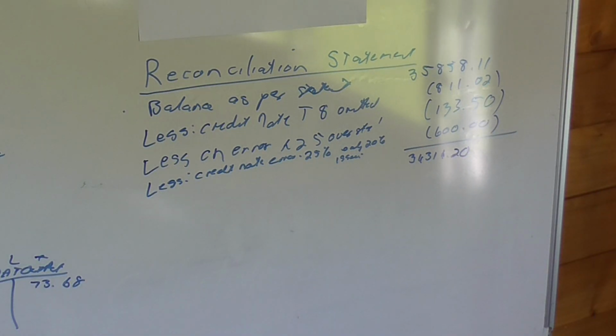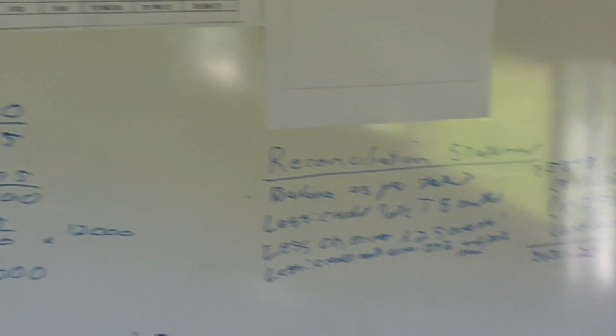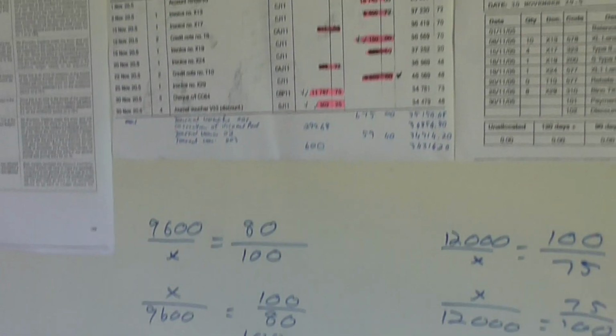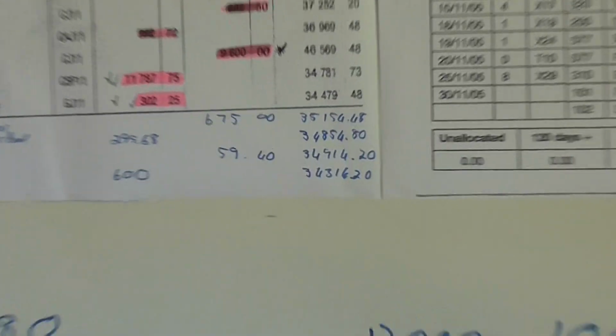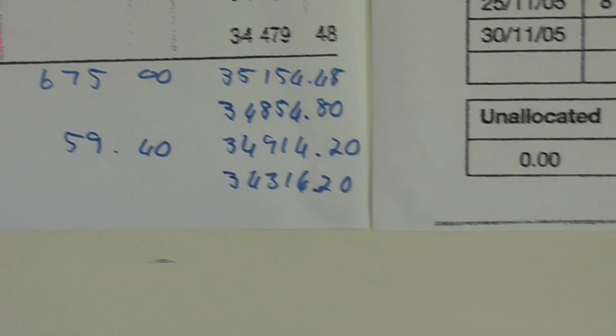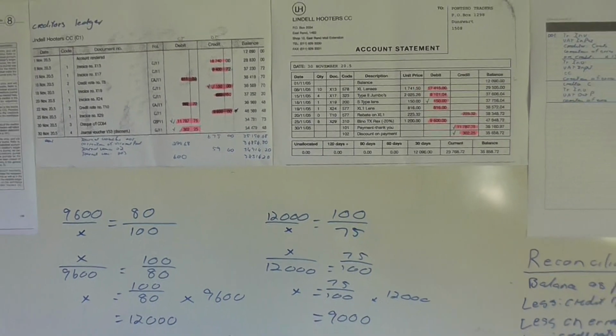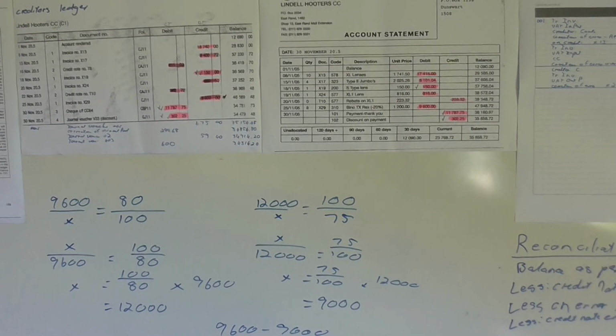So how do you know you are correct? You compare that amount with your creditor's ledger amount, 34314.20. And that's how you know you are correct.